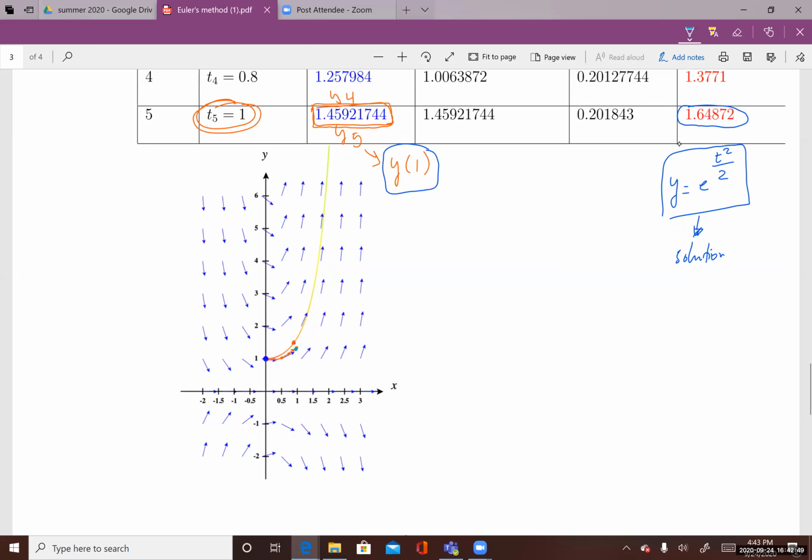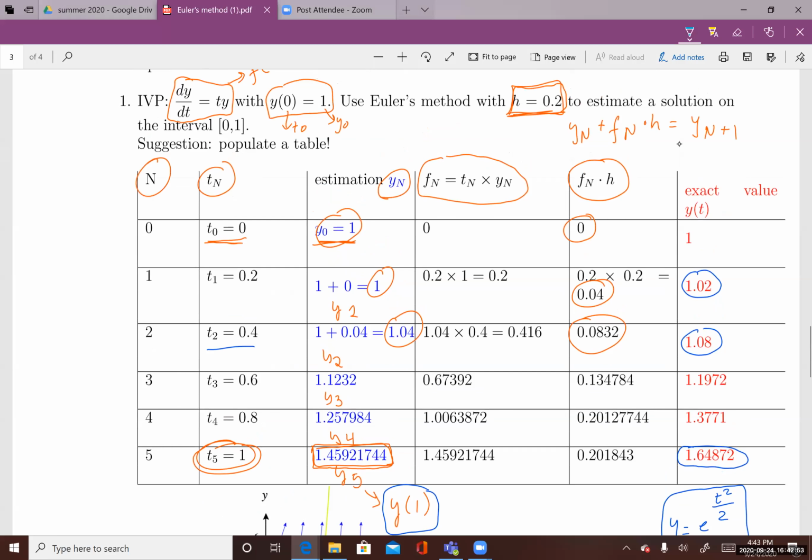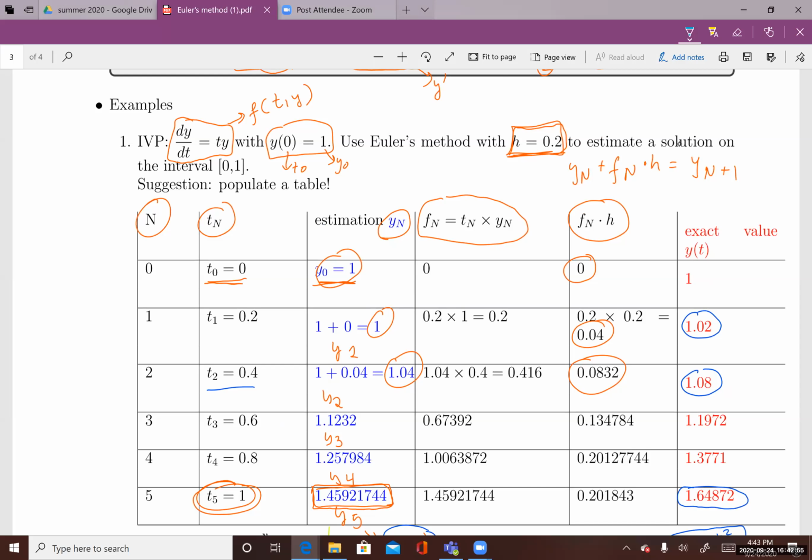All right. Now, let's ask a question. What happens when we decrease the step size? Let's say h equals 0.2, 0.01, or h equals 0.001 and so on and so forth.